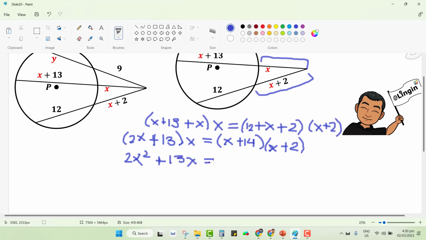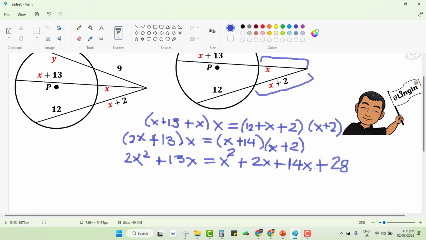For the right hand side, you'll be using the FOIL method. x times x is x squared. Then plus x times 2 is 2x. Plus 14 times x is 14x. And 14 times 2 is 28.